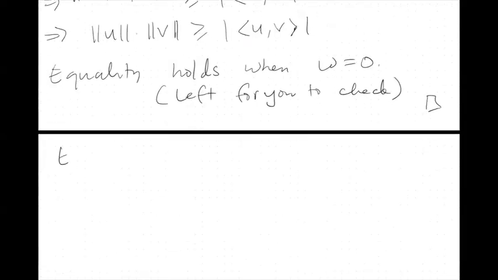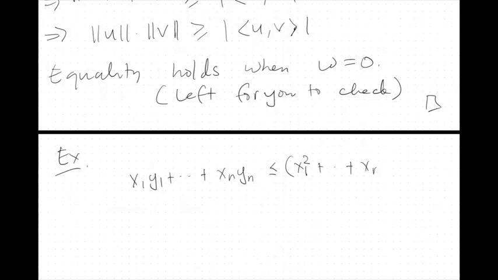A sample application of Cauchy-Schwarz is the following: x1 y1 plus up to xn yn is less than or equal to the square root of x1 squared plus up to xn squared, times the square root of y1 squared up to yn squared.